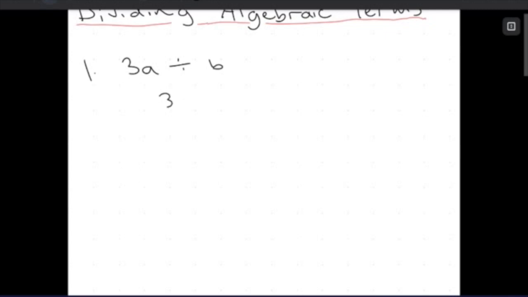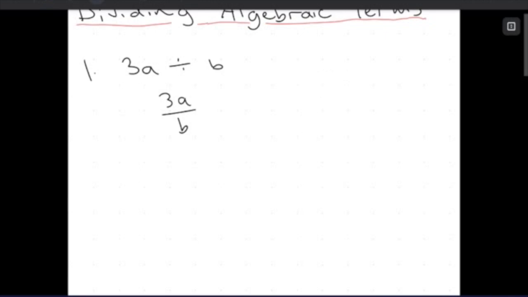So this thing here, I can rewrite as 3a over b. And this is just a simplified way to express this thing here, just without the division sign, in the same way we write, for example, 2 times y as 2y. So it's very simple. In algebra, this is just shorthand.